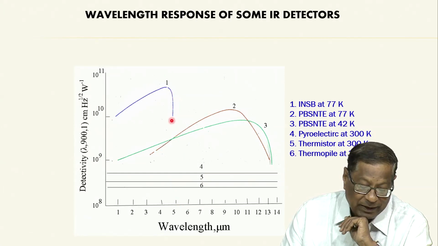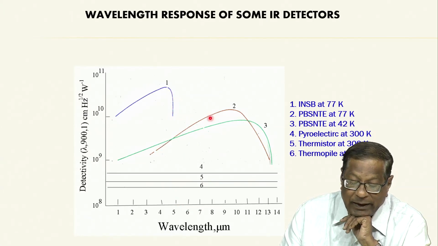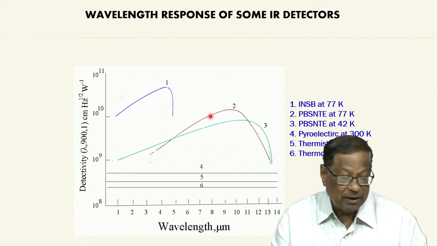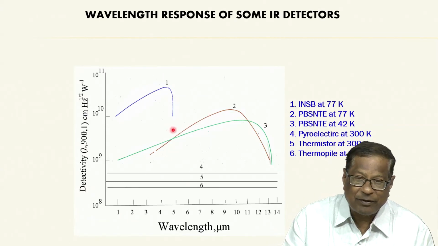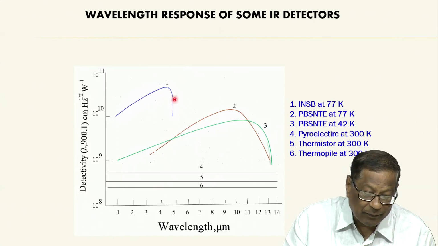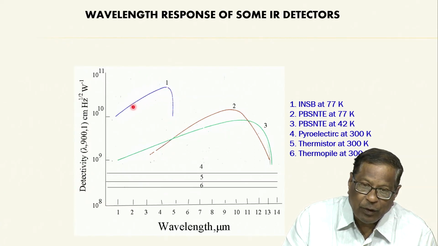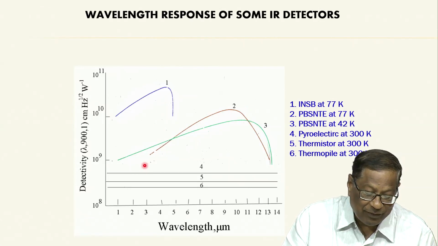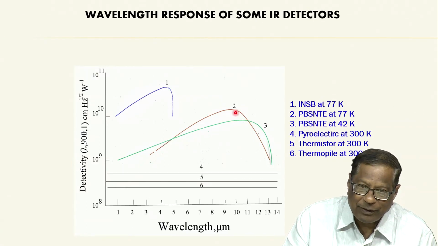What is the wavelength required for us in the IR? It is 4000 centimeters inverse. So, this 1 to 5 micrometers is quite good, but not that good. Look at number 2, it starts from about 3 micrometers up to 10 micrometers, that is good.